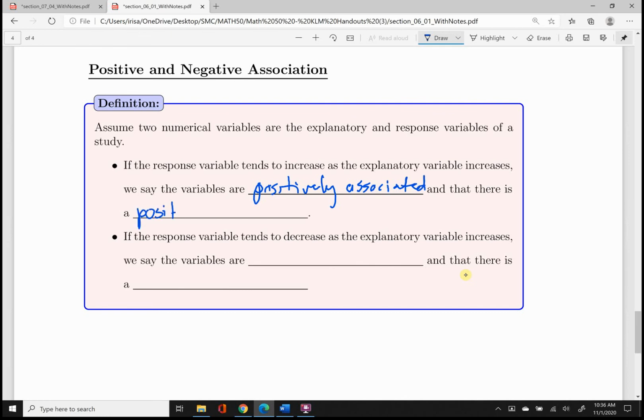I know, a little bit circular there. Conversely, if the response variable tends to decrease as the explanatory variable increases, we say that the variables are negatively associated, and that there is, you guessed it, a negative association.